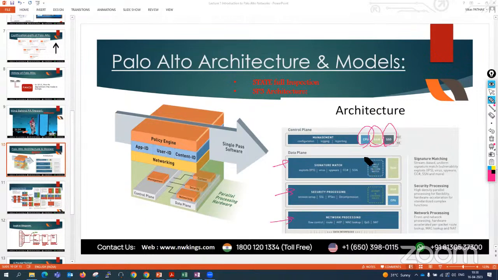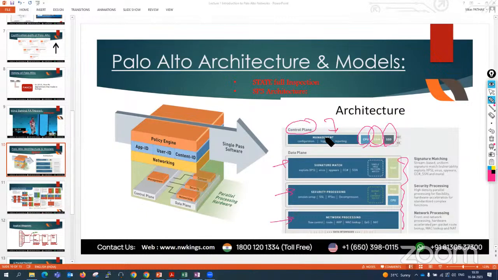The control plane is not relying on any of the CPU or memory available on the data plane, and similarly the data plane is not relying on the memory and CPU available for the control plane.